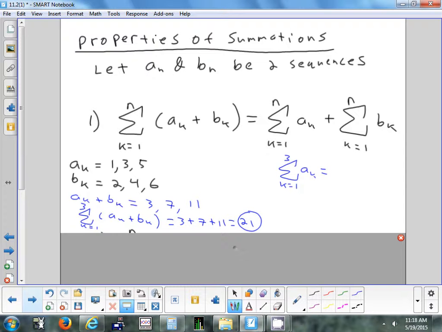I'll write it up so you can see it. 1 plus 3 is 4, plus 5 is 9. Now add up the terms in B sub k. We have 2 plus 4 plus 6. 2 plus 4 is 6, 6 plus 6 is 12.